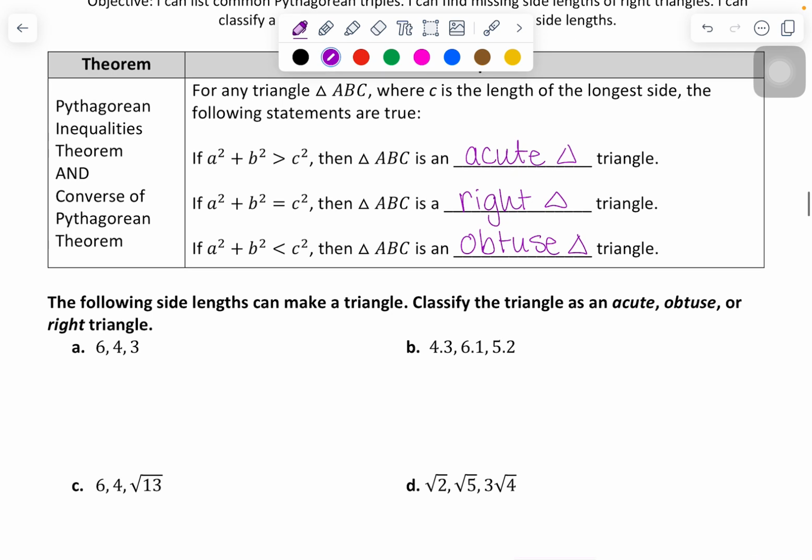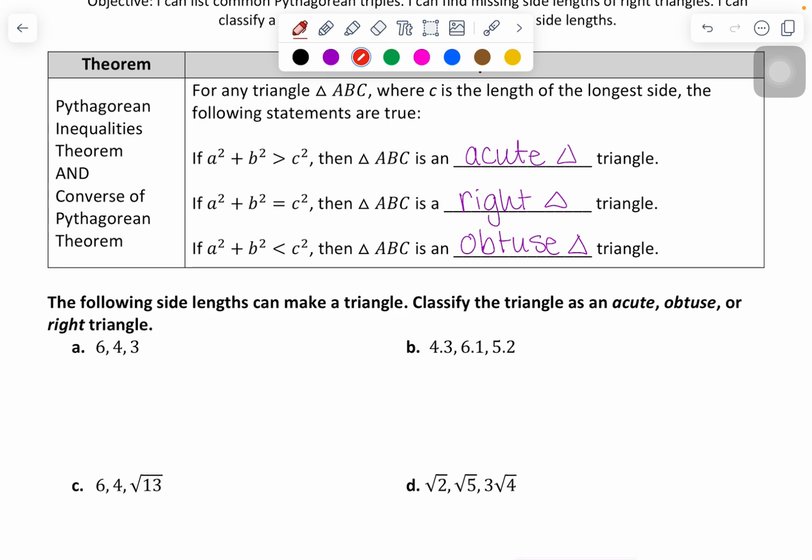So you're going to see problems that ask you if the triangle can be acute, obtuse, or right. Now, do pay attention to the instructions, because sometimes it might also ask you if the following could create a triangle at all. Now, this one doesn't. This one says they do make a triangle.